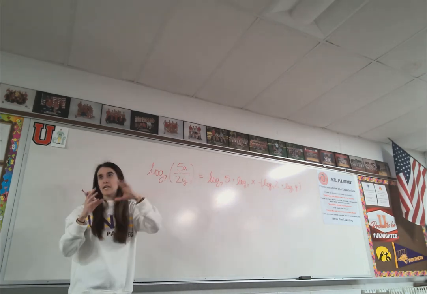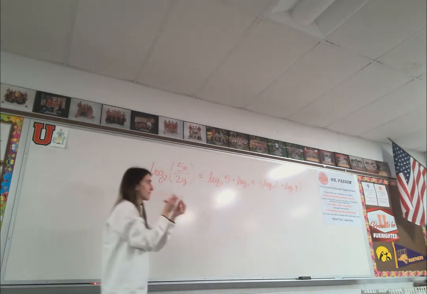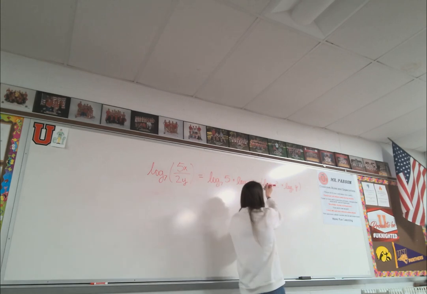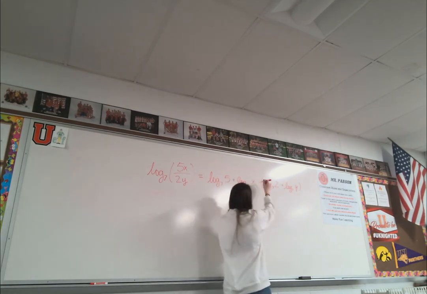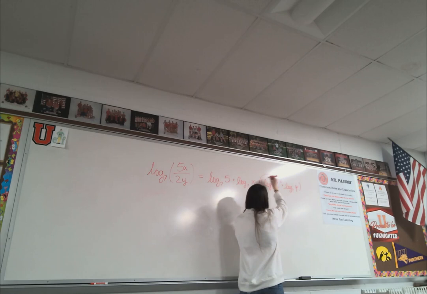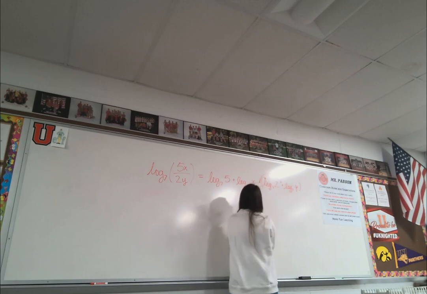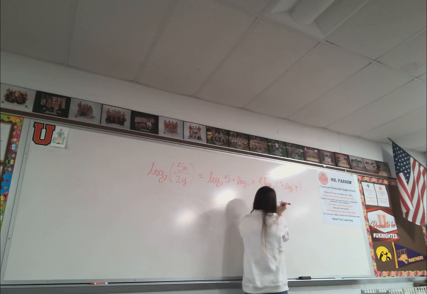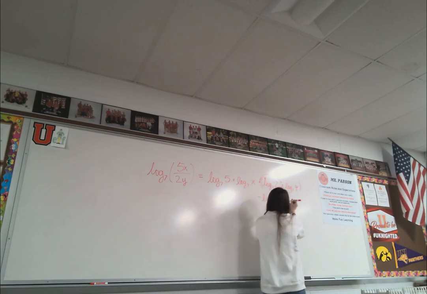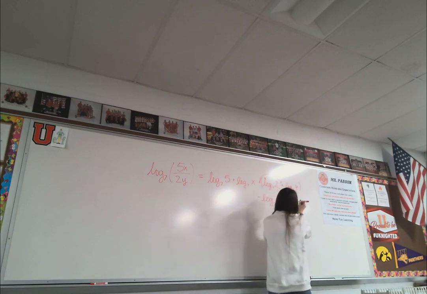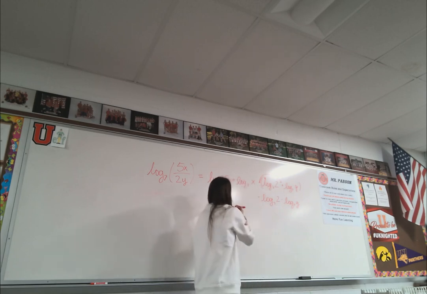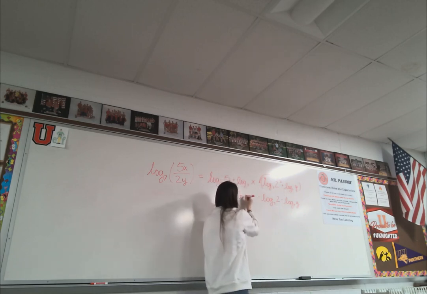So we take the log of each individual and add them together. But since it's in the denominator, I have to subtract and distribute that negative to both terms. So then this becomes minus log base 7 of 2 minus log base 7 of y. Does that make sense? Yeah. Okay. So that's still there.